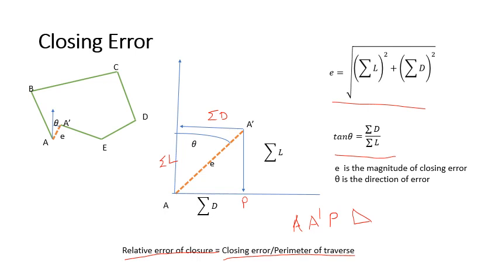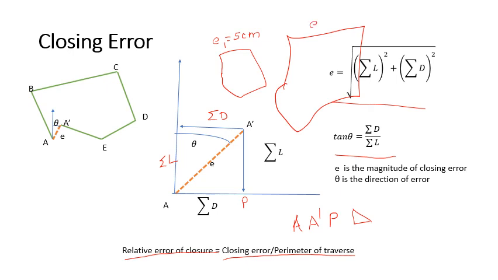Suppose you are given two sites, two locations for conducting a closed traverse. One site is a smaller one and another site is a bigger one. You have conducted the survey and you tell your client that the closing error for this site is only 5 centimeter.